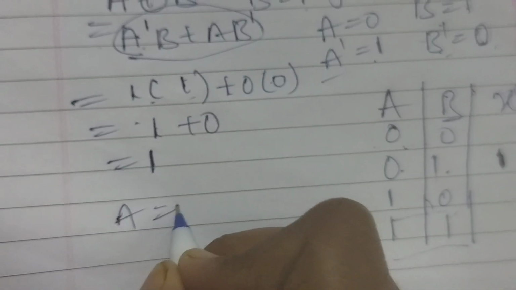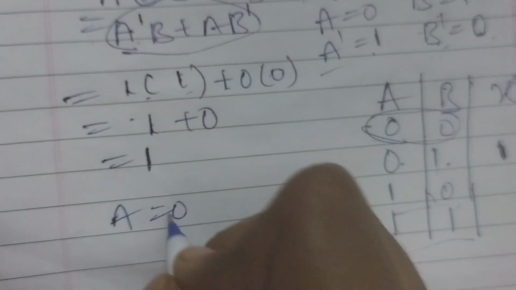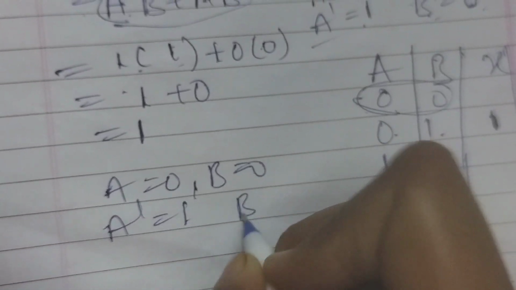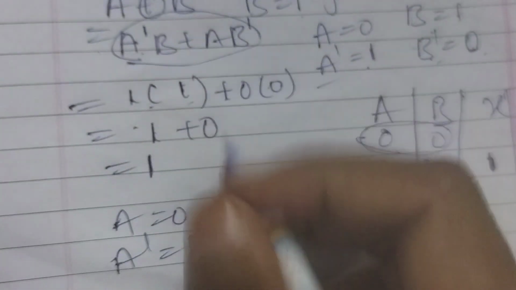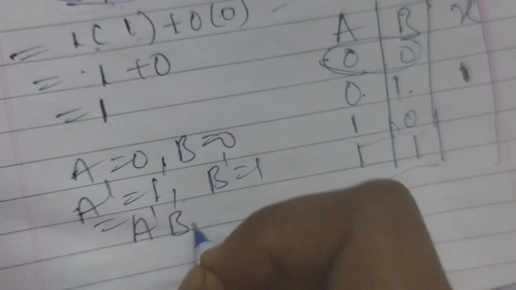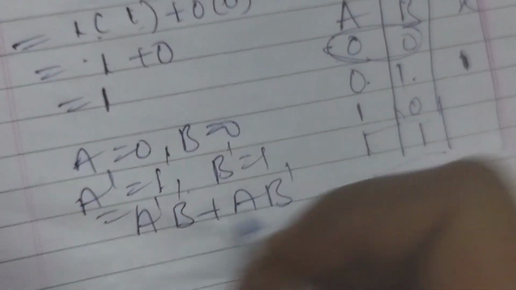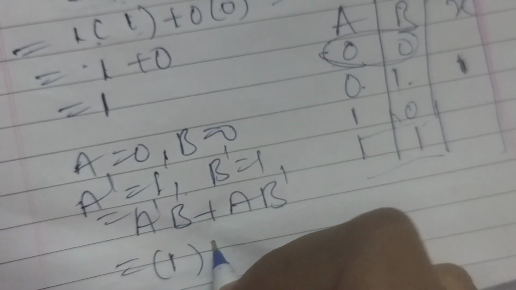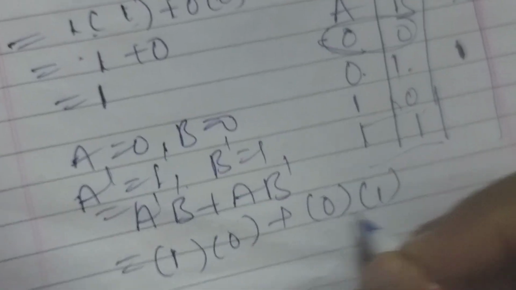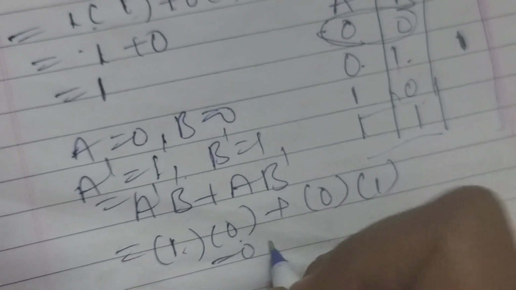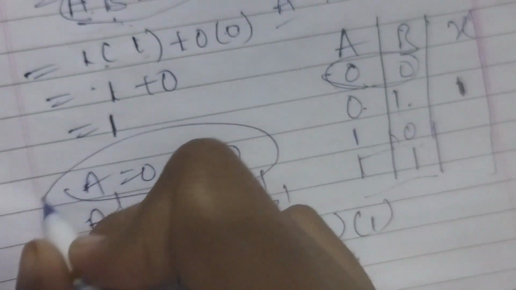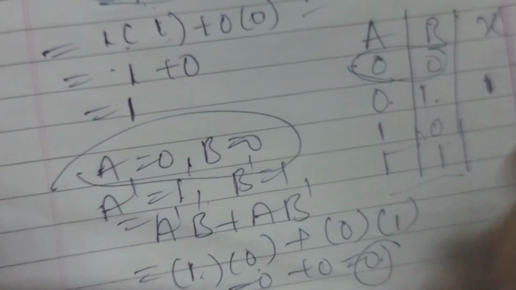When A equals 0 and B equals 0, A dash value is 1, B dash value is 1. We need to substitute the values in the formula A dash B plus A B dash. For A dash 1, B value is 0. For A value 0, B dash value is 1. Multiplying 0 into 1 is 0. 0 plus 0 equals 0. For 0, 0 values, we have got the answer as 0.